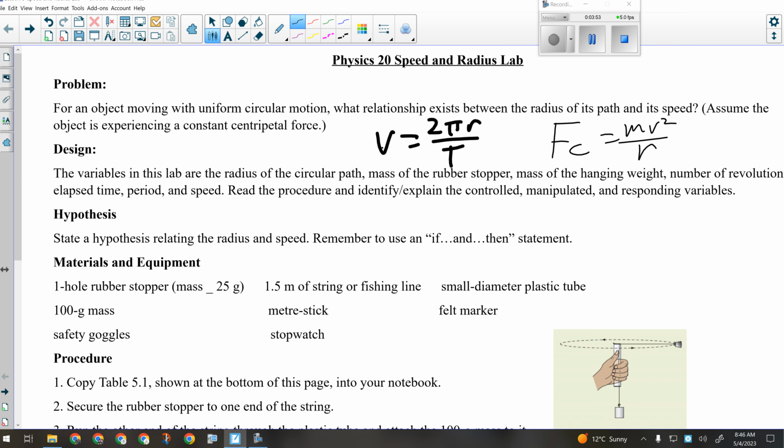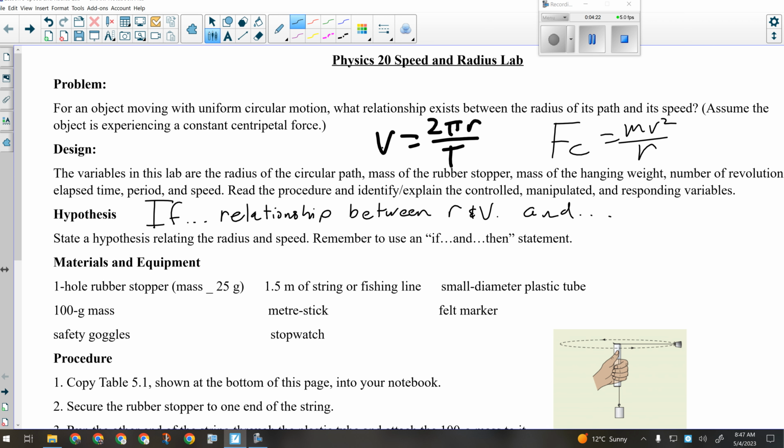Okay, for the hypothesis, we want an if, and, then statement. The if part should talk about what the theoretical relationship is between R and V. The and part, as always, describes the experiment, which you're going to see in a minute because I'll demo it.